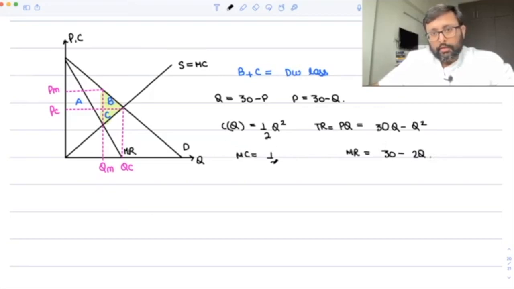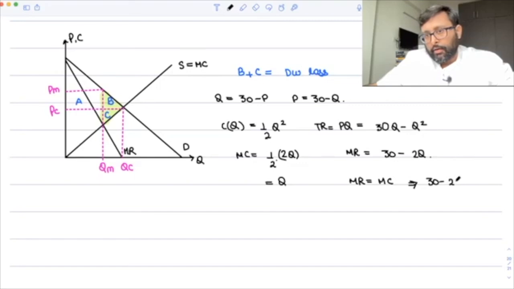MC is half into 2Q, which is going to be equal to Q, right? So the monopolist is going to produce where MR is equal to MC. That would mean 30 minus 2Q is equal to Q. So the monopolist is going to produce Q equal to 10.